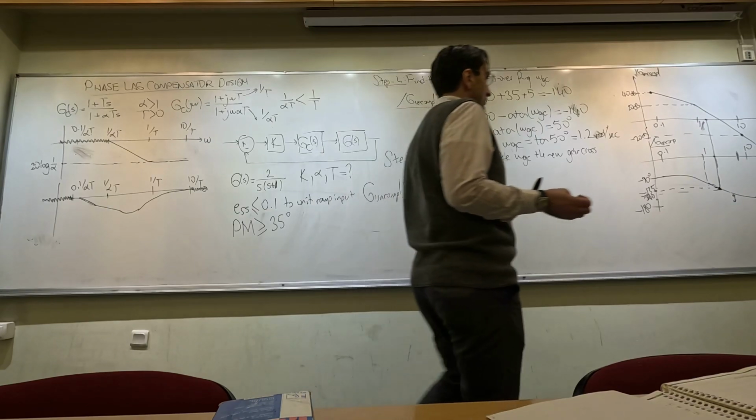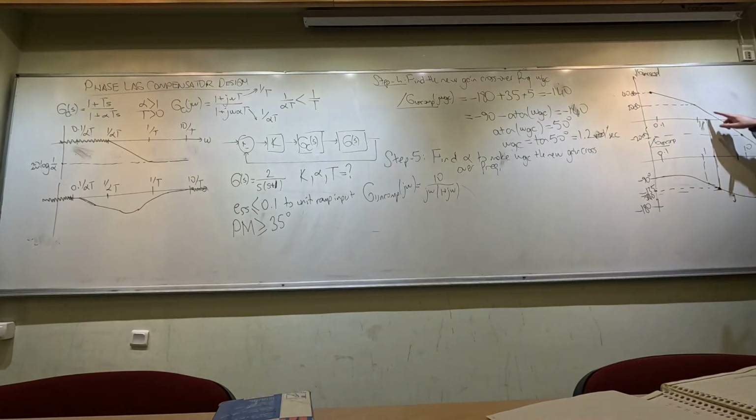What I have to do is make this point my new gain crossover frequency. So what should be the magnitude of the combination of G uncompensated and the compensator at this frequency? It has to be 1 in linear scale, so it has to be 0 dB.